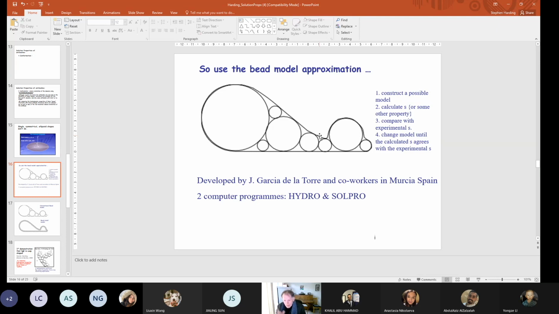I say might be. So by modeling the molecule in terms of these beads, finding out what the sedimentation coefficient of this model is using these programs Hydro and Solpro, comparing it with the actually measured value, and then just changing, refining the model until you get agreement, this is called model fitting or modeling the conformation of the antibody molecule.